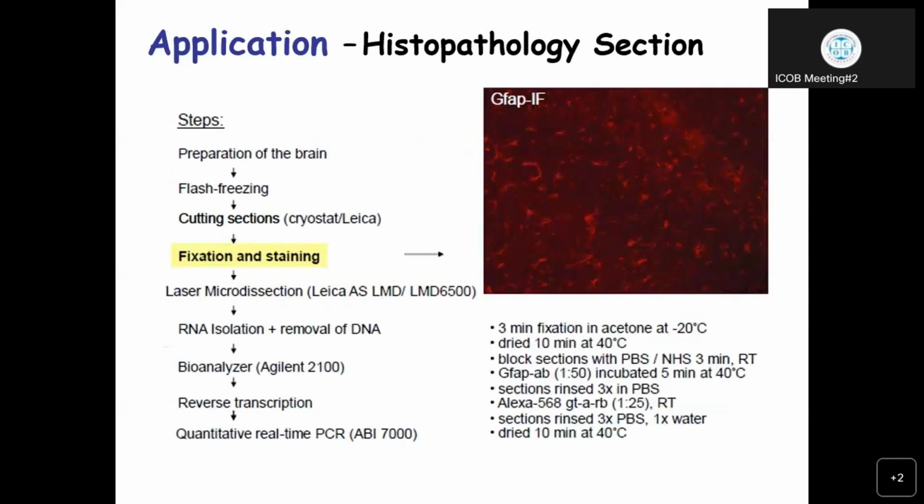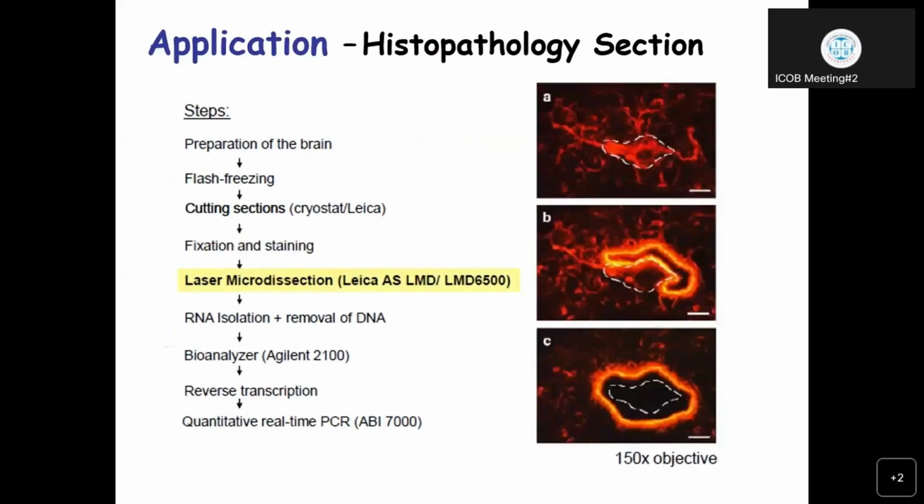You can also stain the tissue section with a fluorescent dye. Put the tissue section membrane slide on the LMD microscope, then create the ROI, followed by laser microdissection.